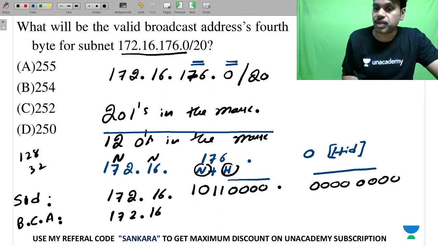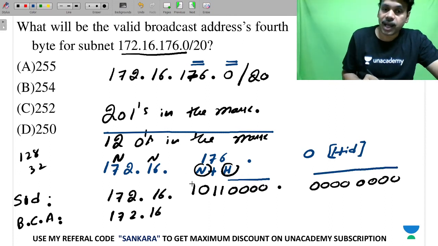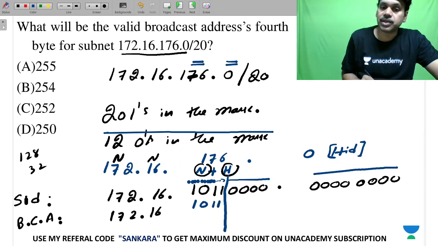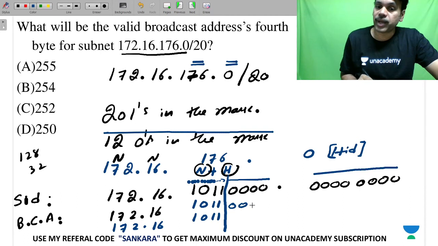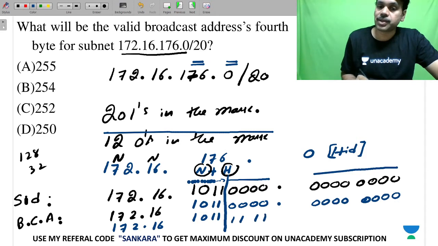So this is completely HID only and this is completely NID. So drop them. 1011, 1011, 1 for broadcast, 1 for the starting block number. So make them zeros. Luckily they are all zeros only. Make them ones.